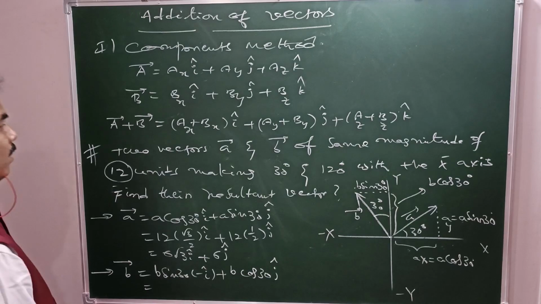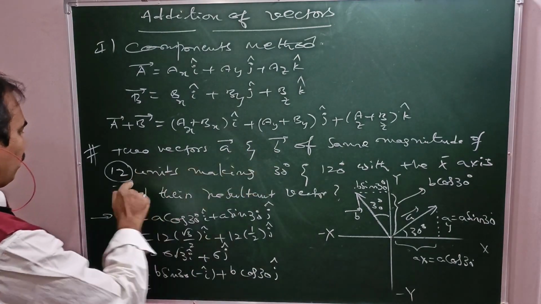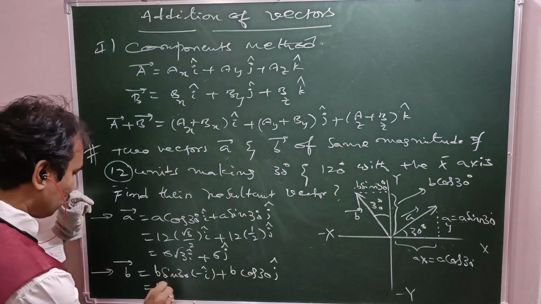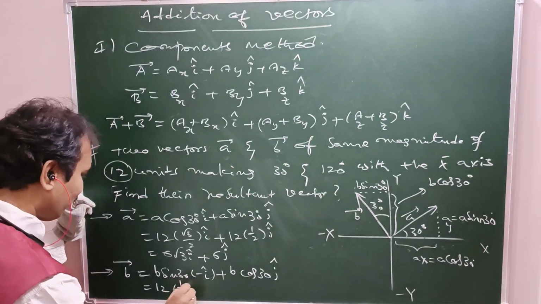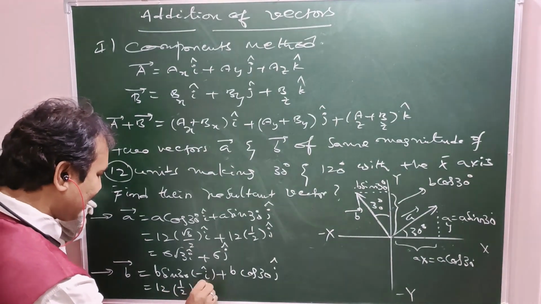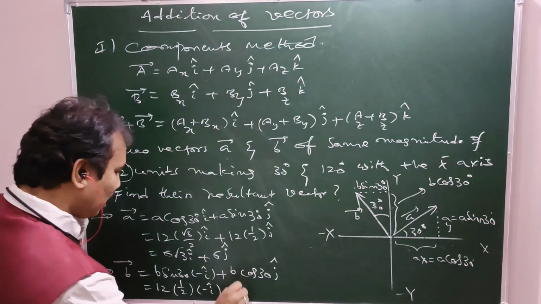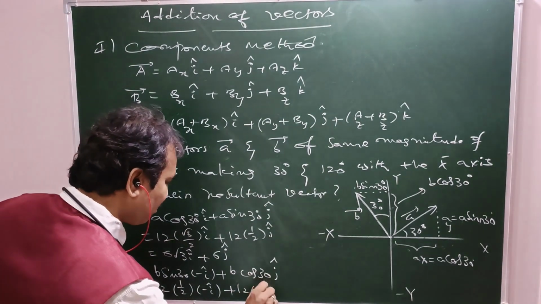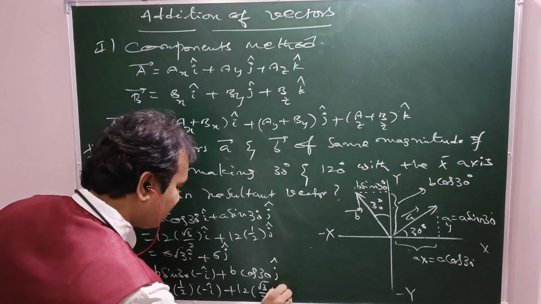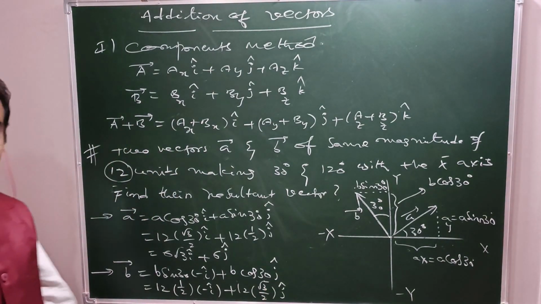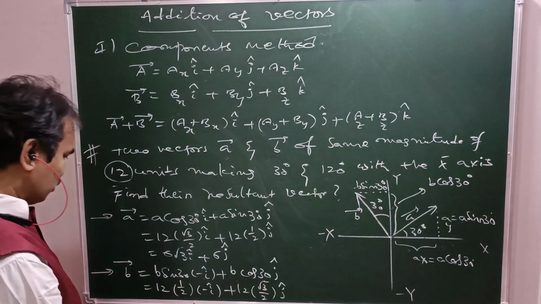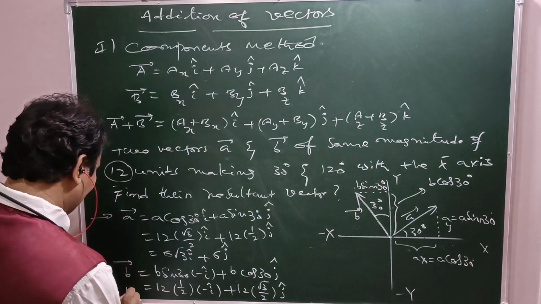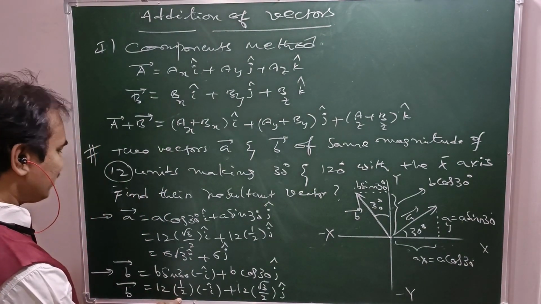Now mod a equal mod b equal 12. So 12 into sin 30, 1 by 2, into minus i cap plus 12 into cos 30, root 3 by 2, into j cap. That is b bar equal to 12 by 2, means 6.